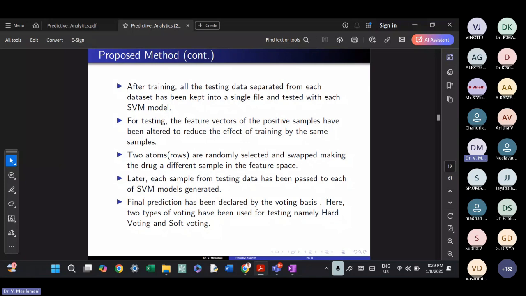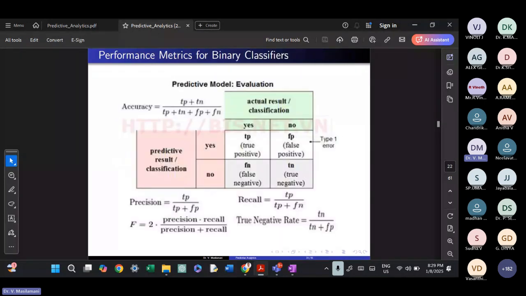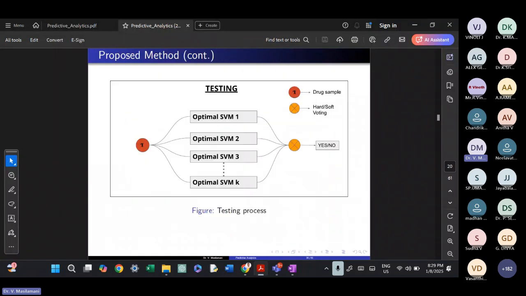So in our case, the support vector machine will tell whether the drug has got ADR or not, right? Above the straight line means ADR has happened. Below the line means ADR does not happen. But the problem is that many SVMs are there.